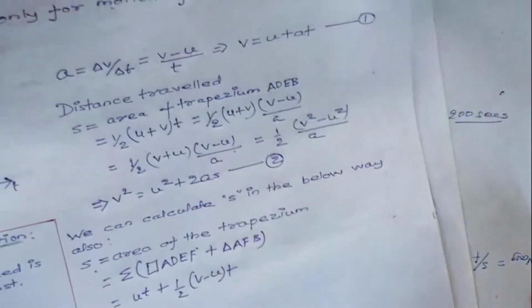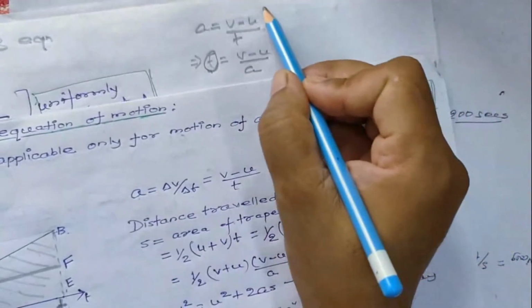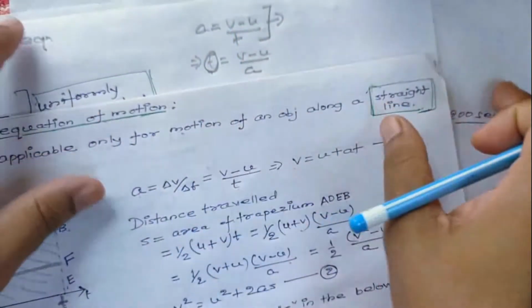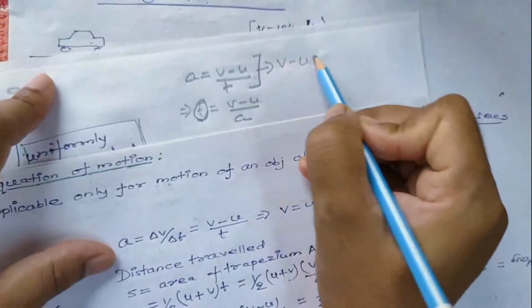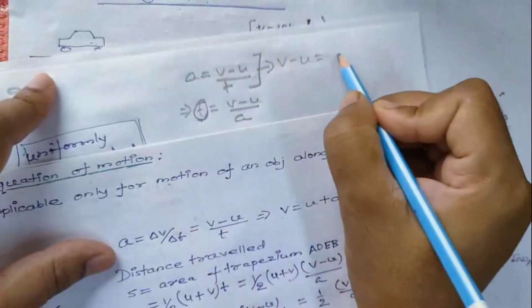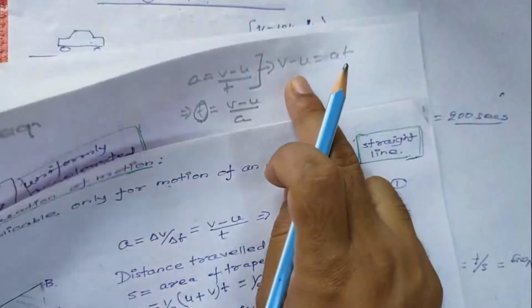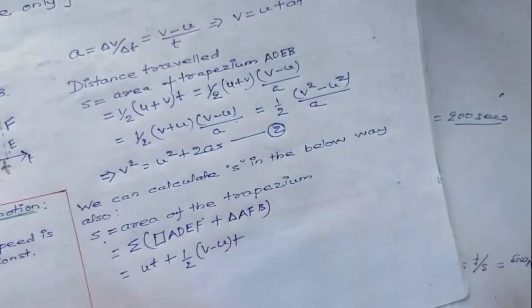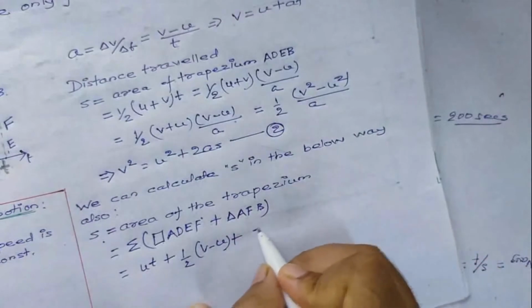Fine. Now go back to this. If I ask you to calculate v minus u from this equation, I think you can calculate that. So v minus u will be simple, at. So we can substitute v minus u by at in this equation, right?